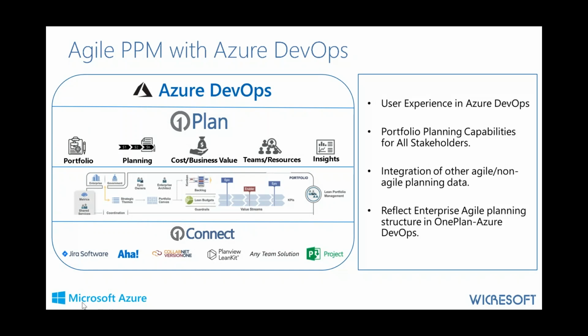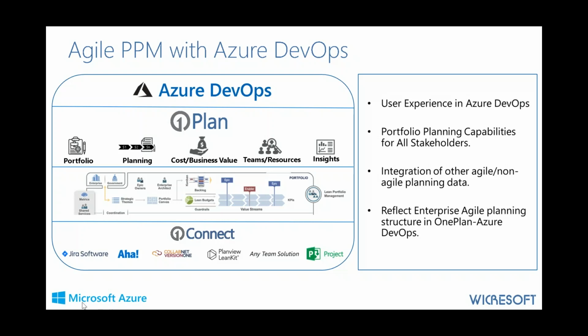If you have other tools that you're using, you can also leverage them because we have the capability to integrate that data set. But in this example and in this solution that we're going to be discussing, we are starting from the premise that you are using Azure DevOps and Azure Boards specifically, which I'll talk about in a second, and you're going to be working within that solution primarily.